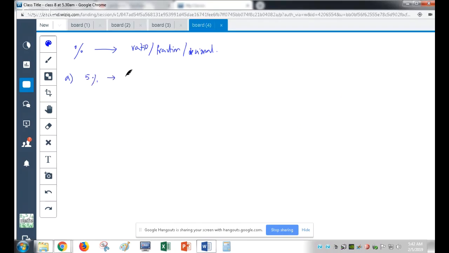How to convert into ratio? 5:100, which is equal to 1:20. This is the ratio. Okay. So then what is the fraction? 5/100, 1/20. How do you convert into decimal? 5/100, which is equal to 0.05.